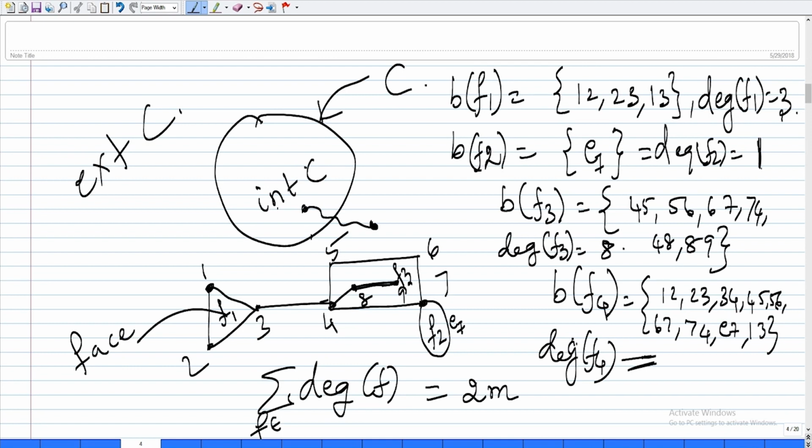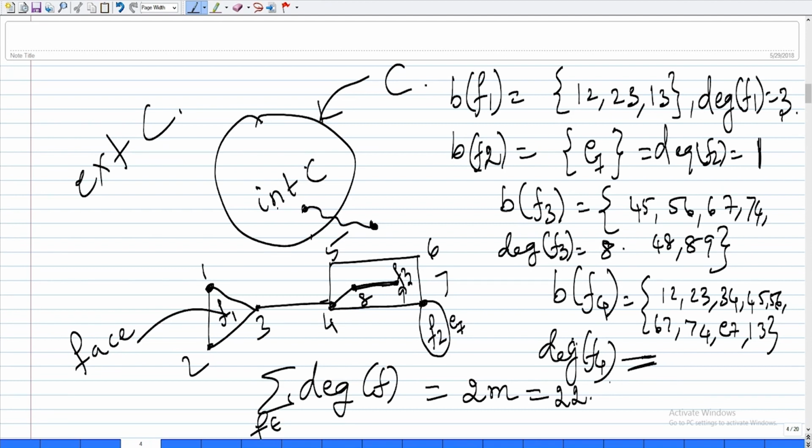Only cut edges we count twice, because a cut edge contributes from either side of the edge. So 3, 4, 5, 6, 7, 8, 9, 10. So this should be 22, right? 4, 5, 6, 7, yeah, 22, 2m, right?